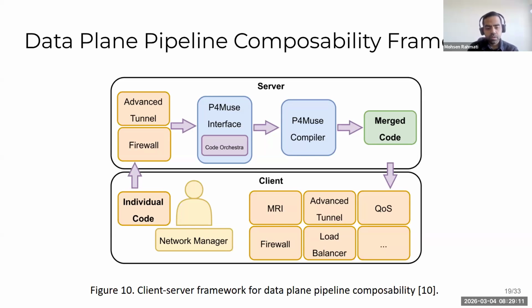So they just mention, for example, that they want advanced tunnel and firewall from the server, and in the server, P4Muse can merge advanced tunnel, firewall, and any P4 codes, create the merged code, and send it to the client side, and the network manager can use it.